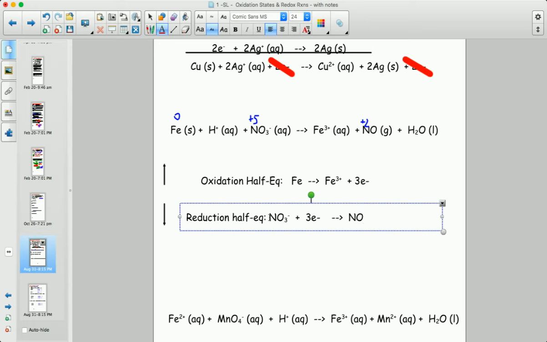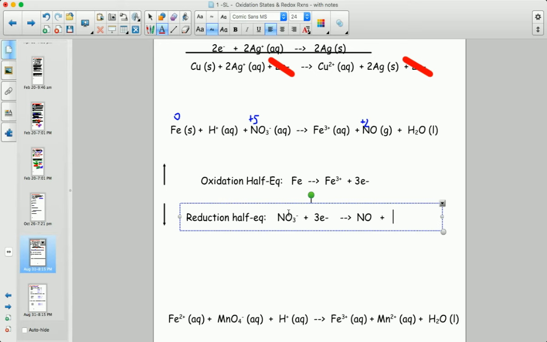I don't want to change the coefficients on anything with N in it, because if I double or triple this, then I'm going to need to triple this, and that's going to change the number of electrons. And that's already balanced, 3 and 3. What I'm allowed to do, because I see that water and hydrogen are allowed, is balance oxygen by adding waters to the side of the equation where I need more oxygen.